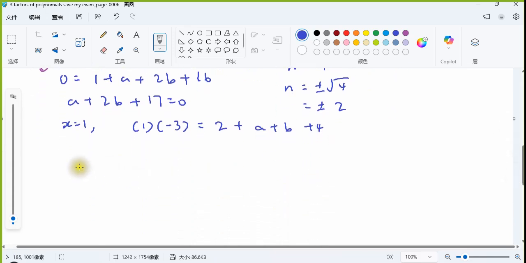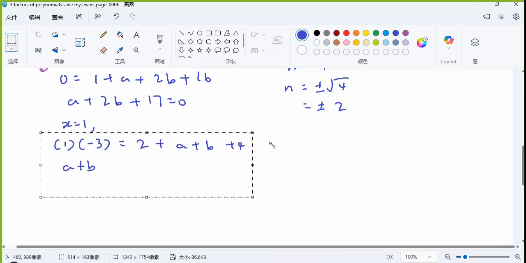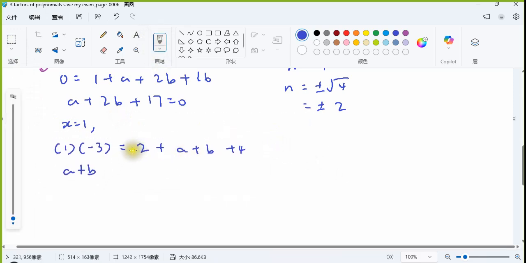Okay, so we have a plus b, and then plus 6 plus this plus 9 equal to 0. So equation 1, equation 2.